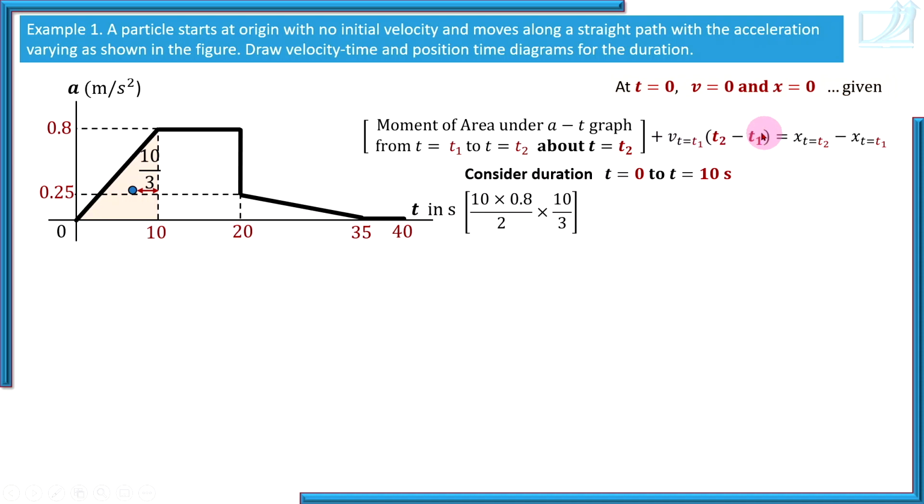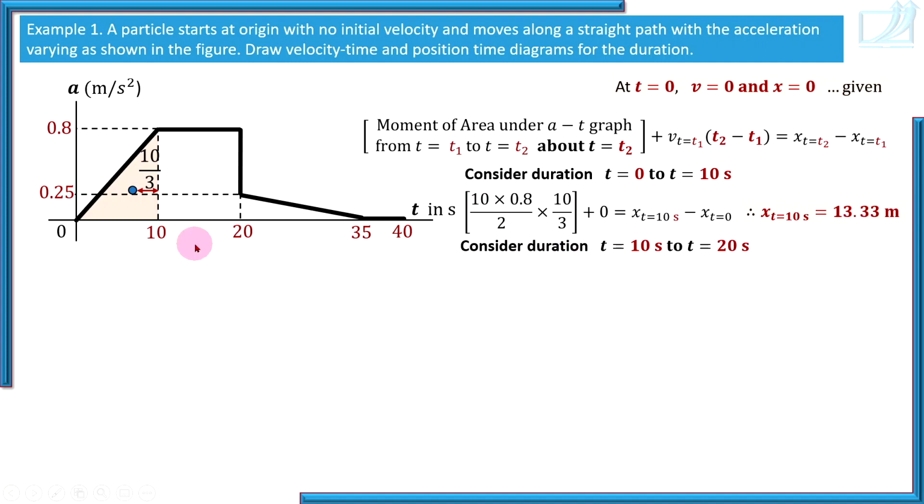So this part, initial velocity into duration, will become 0. And that is equal to x at t equal to 10 seconds minus x at t equal to 0. We are simply using this formula, and x at t equal to 0 is 0. So put it here and you will get x at t equal to 10 seconds as 13.33 meters.